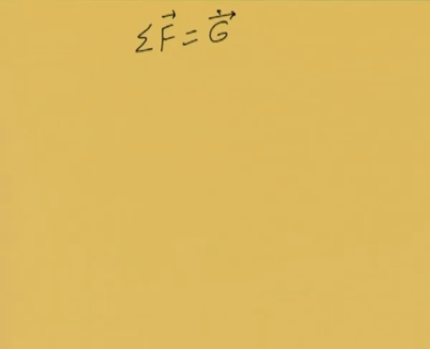Similarly, the rate of change of angular momentum is equal to the net applied moment, when the terms are taken either about a fixed point O or about the mass center. That is, sigma M is equal to H dot.